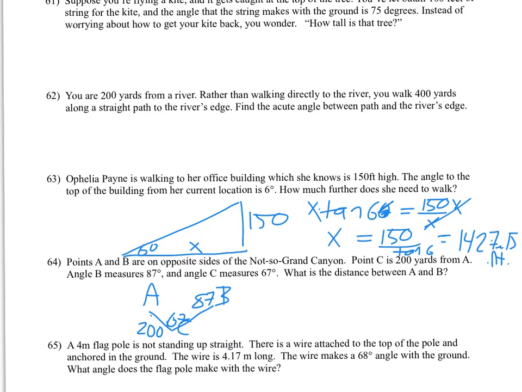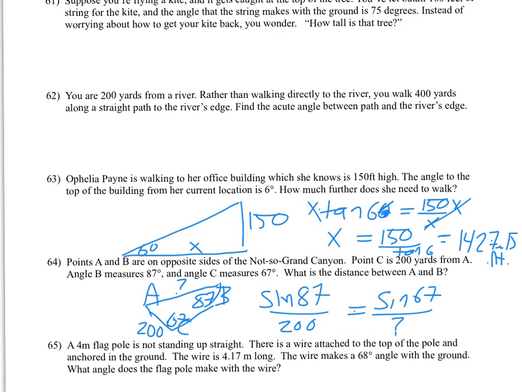Okay, this doesn't look like a right triangle to me. What's the distance between A and B? So I'd like to know what's up here. I've got some opposite stuff. This is going to be law of sines. Sine of 87 over 200 is equal to sine of 67 over question mark.